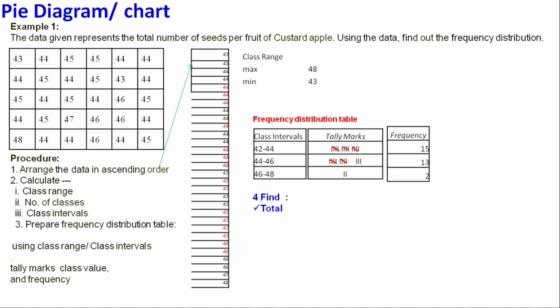Now please remember, a pie chart is nothing but a circle diagram, and all of you know that the angle of a circle is 360 degrees. Our data has to be distributed within the area of 360 degrees.